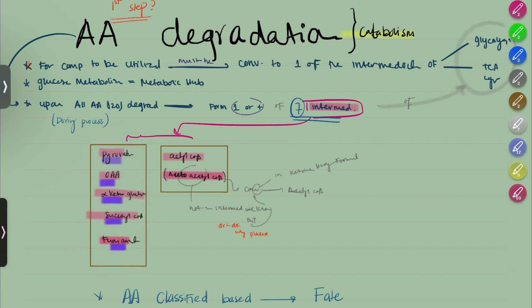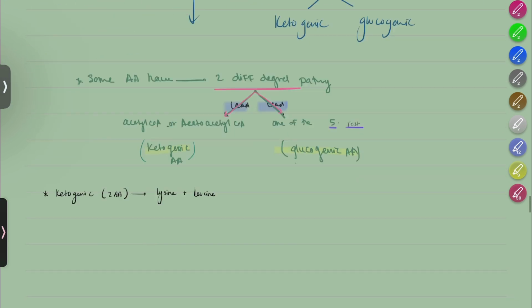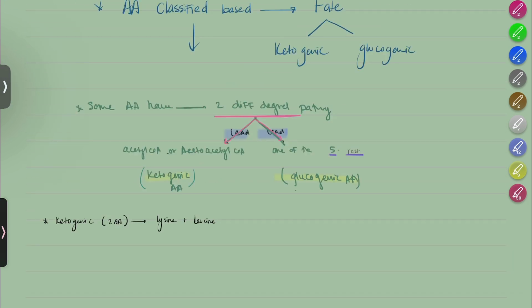If they end up as either acetyl-CoA or acetoacetyl-CoA, we call them ketogenic. We're going to discuss by the end what exactly the glucogenic amino acids are, but for now know that the ketogenic amino acids are only two, lysine and leucine.